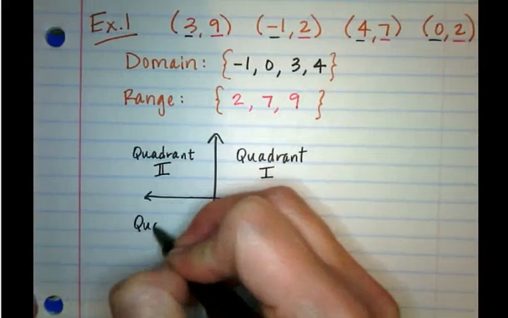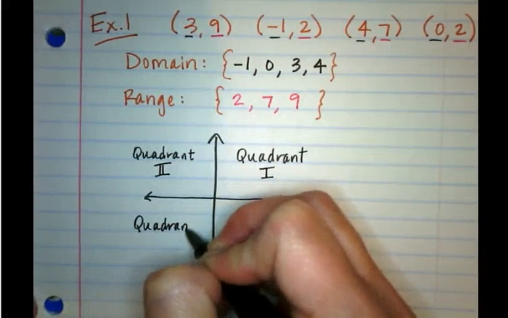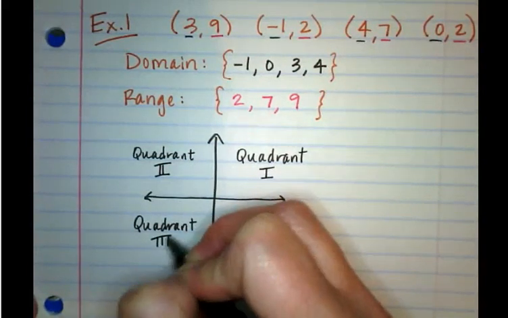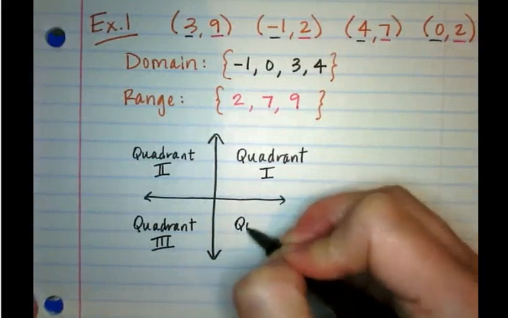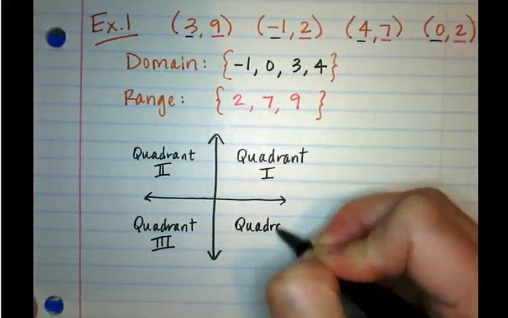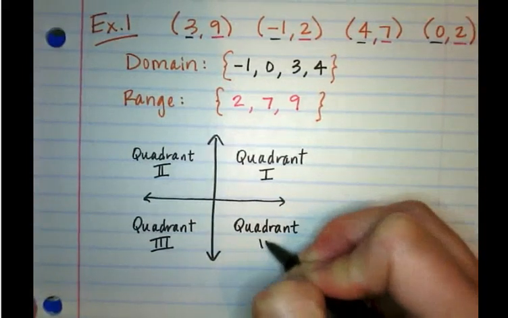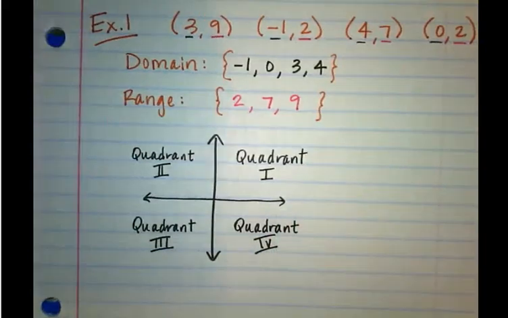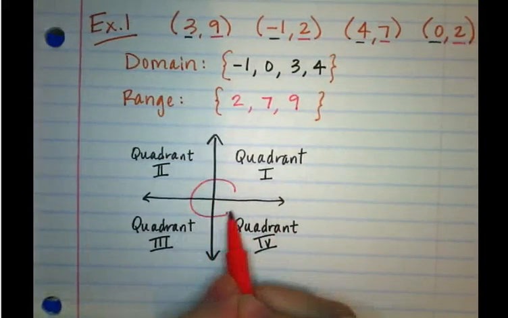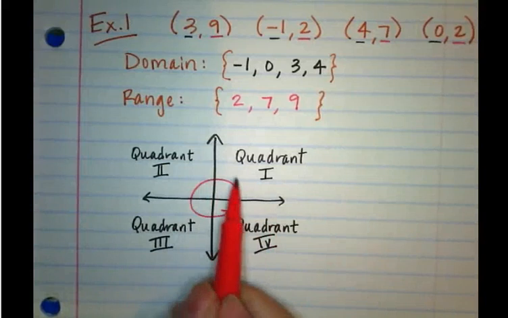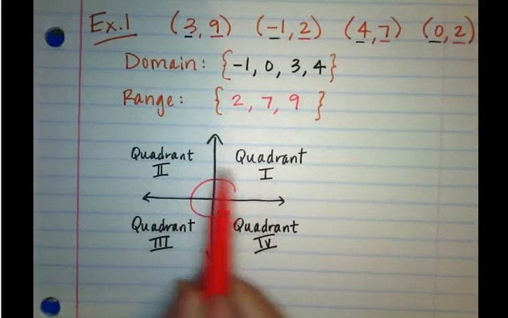This one is quadrant 3. And then this one is the 4th quadrant. So quadrant 4. The way I usually tell students is it makes a C. So it starts here and makes a C. So 1, 2, 3, 4.